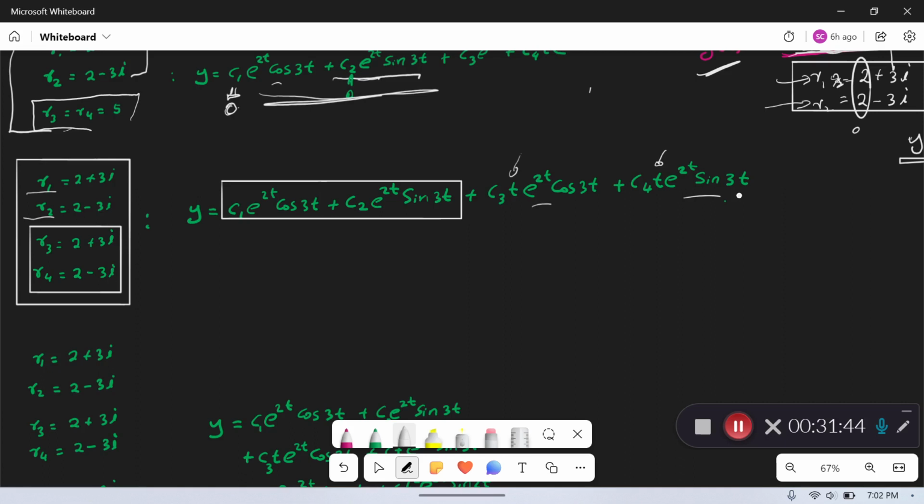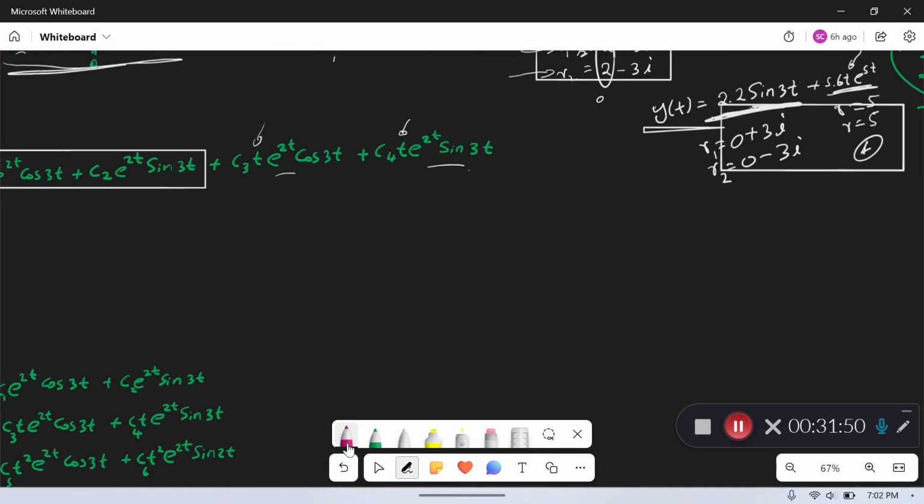So now thinking backwards, imagine if we have something like this: y(t) equals, let's say, 2.2 t e^2t sin 3t.